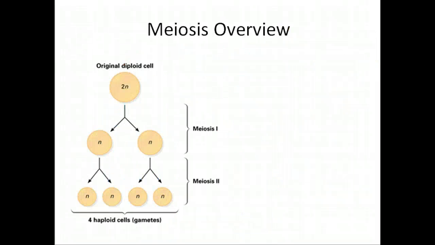Okay, moving on. It's important to understand a pretty significant distinction between mitosis and meiosis. In mitosis, you're basically taking a cell that has 46 chromosomes.